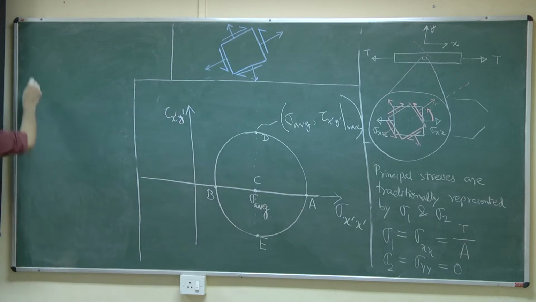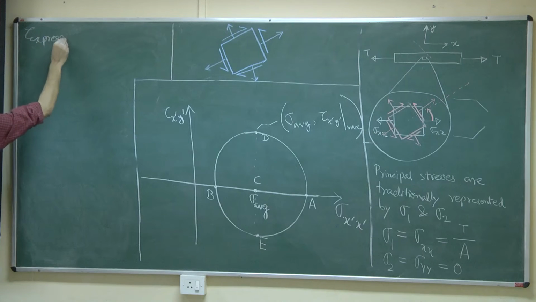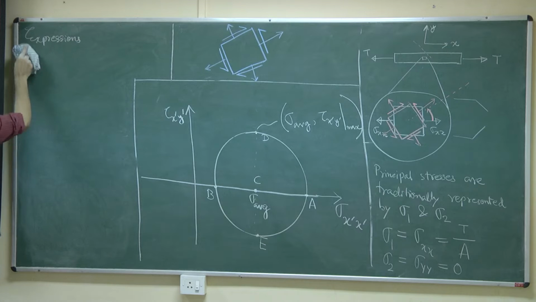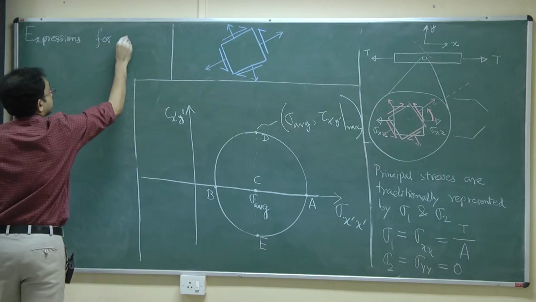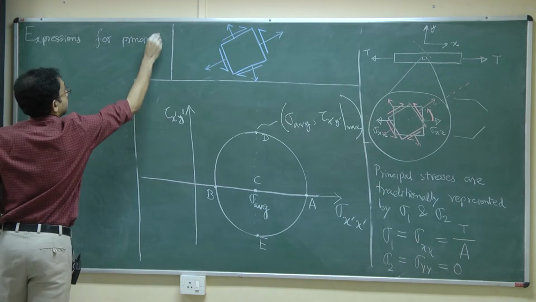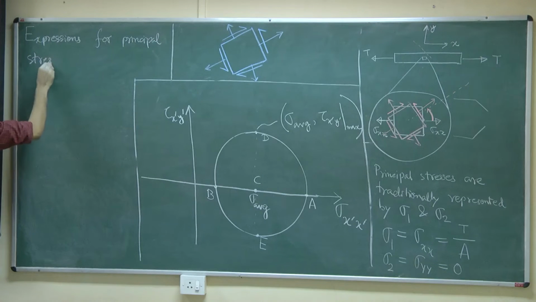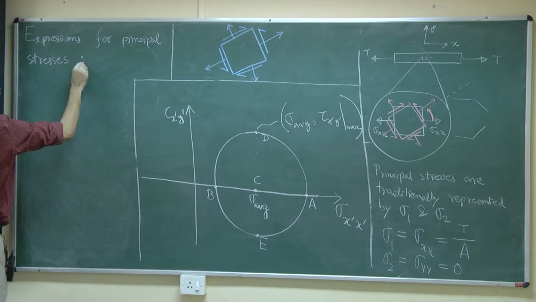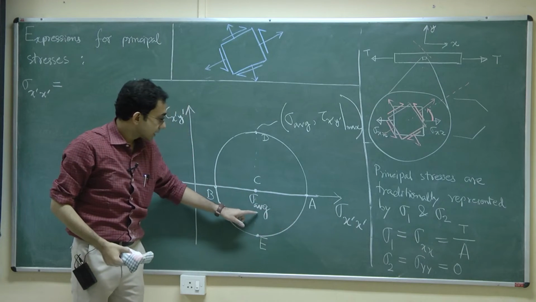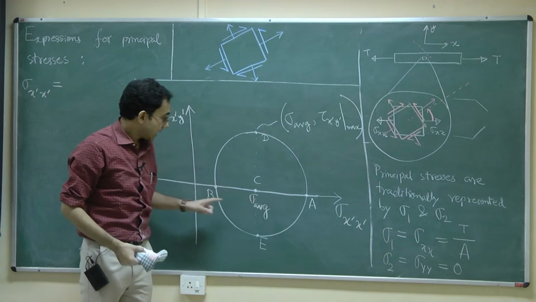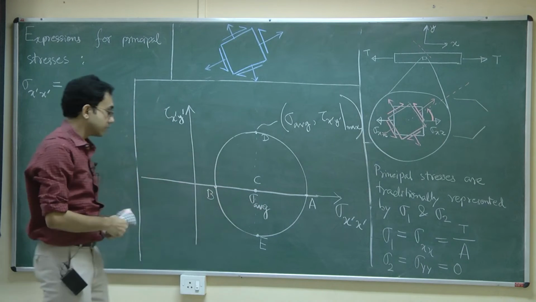Well, you see, A is nothing but sigma average plus the radius, and B is nothing but sigma average minus the radius.